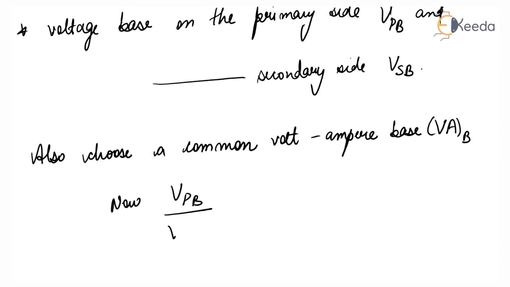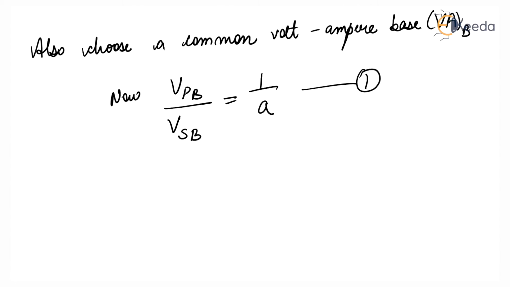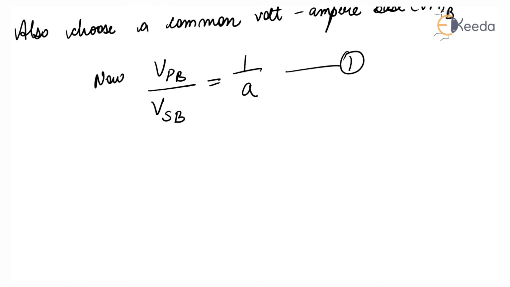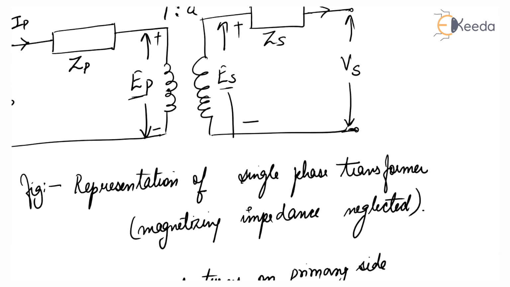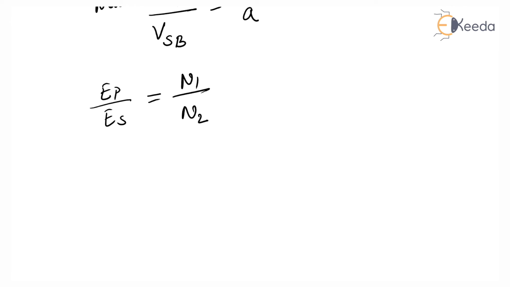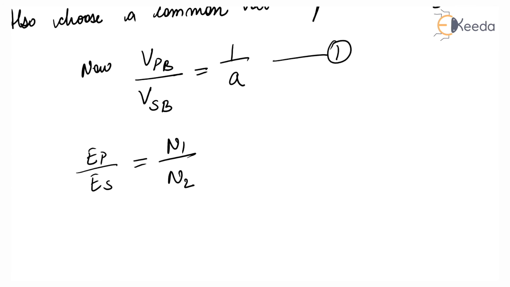Now the voltage across primary base over voltage across secondary base is equal to 1/A. This is equation number 1. So how is VPB by VSB equal to 1/A? See, EP by ES is equal to the N1 by N2 ratio, meaning the number of turns on the primary side upon the number of turns on the secondary side.